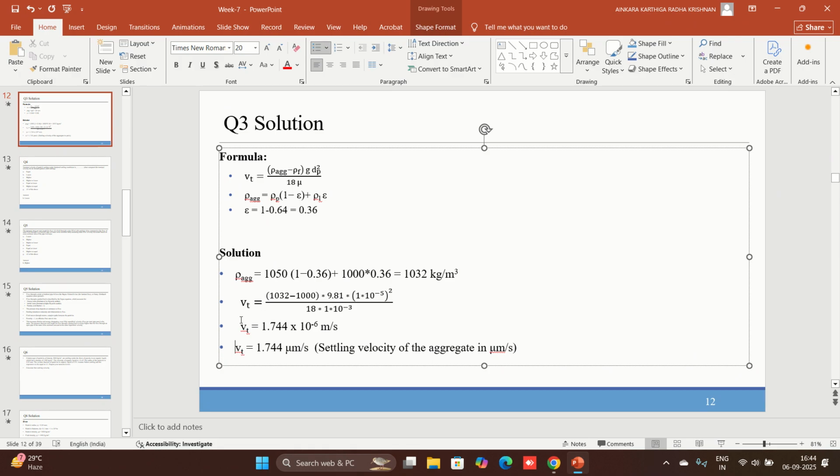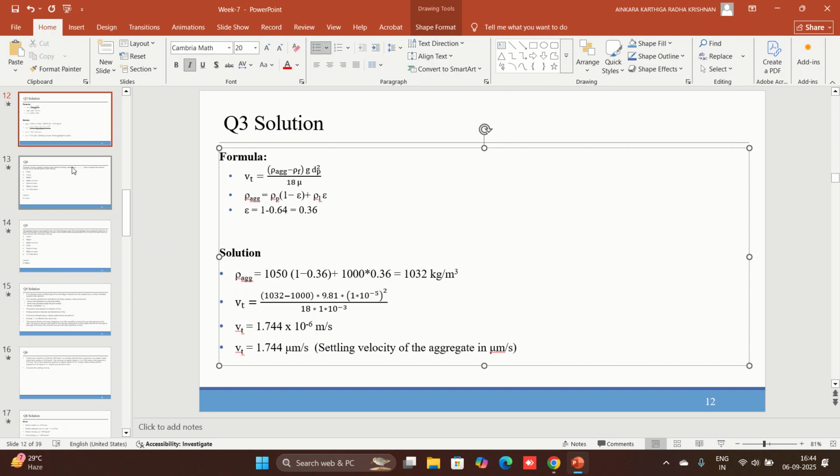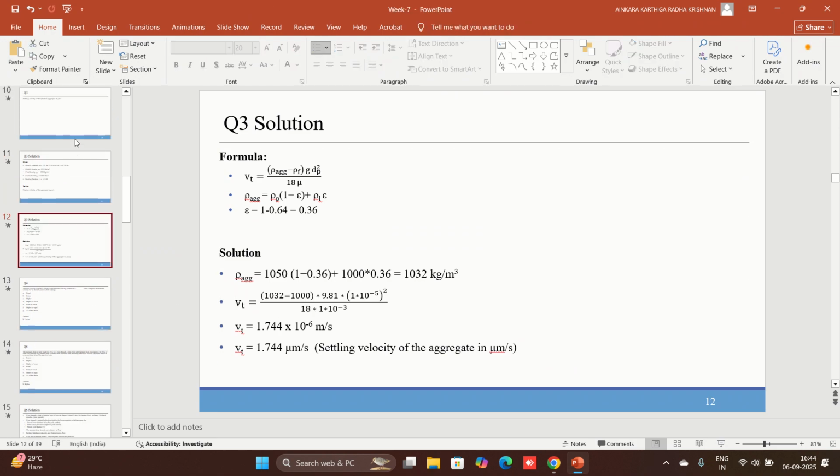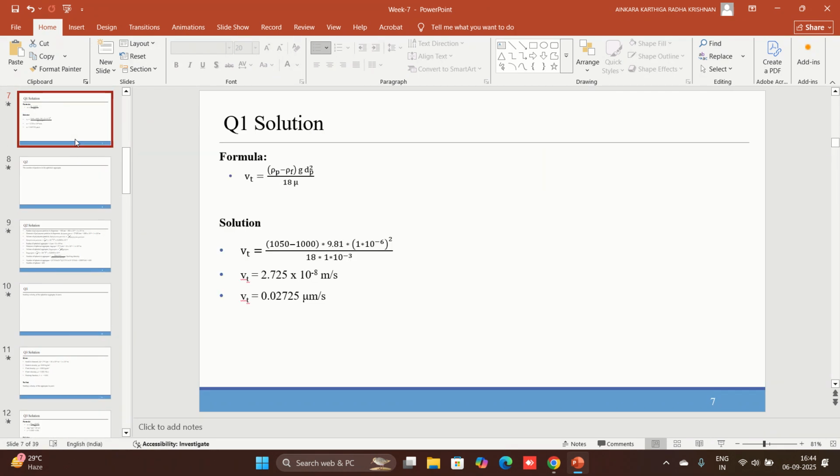So we can see that the aggregate terminal settling velocity is actually higher than the individual terminal settling velocity. Here it is 1.744, and there it was some point something, right? 0.02725 micrometer per second.